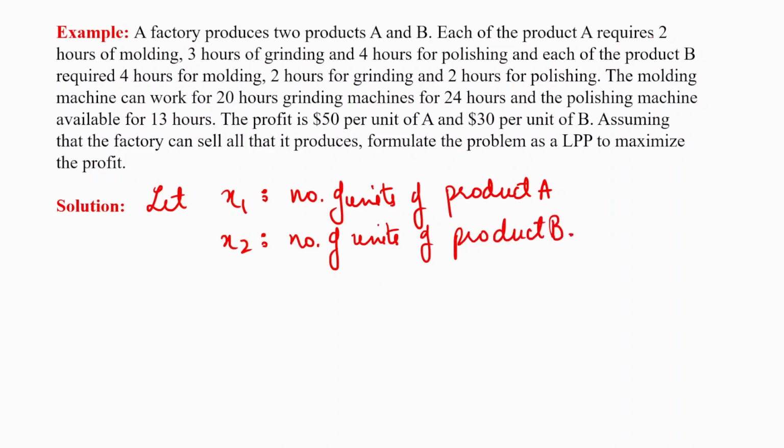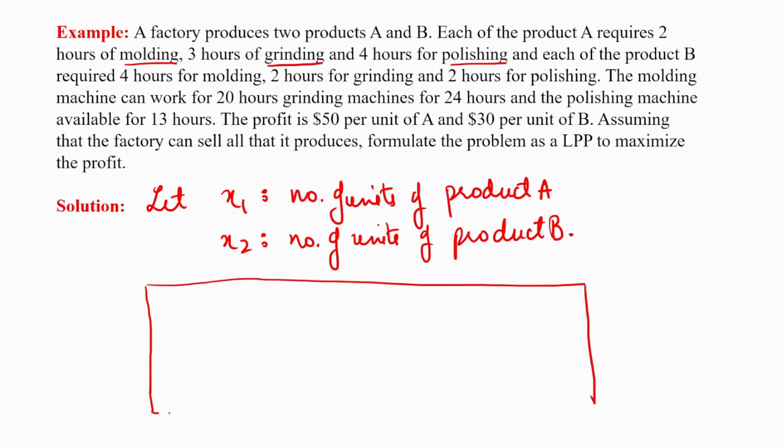Each unit of product A requires 2 hours of molding, 3 hours of grinding and 4 hours of polishing, and for product B we have a different number of hours. So what we can do here is formulate a table, so it becomes easy for us to write down the constraints and the objective function.